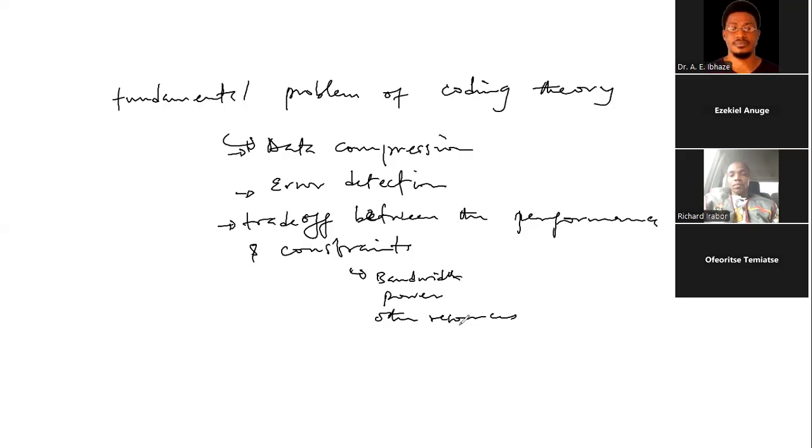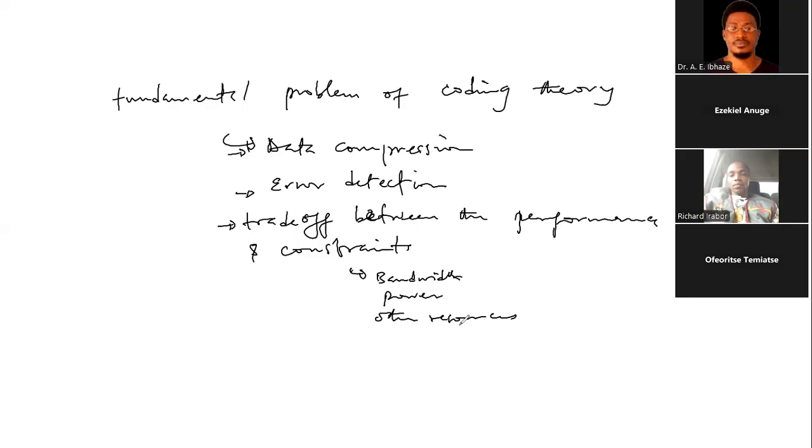Good. Now, these are problems in general that we have to deal with when we talk about coding theory. And what is the essence? What are we trying to arrive at? Why should we do compression? Why should we do detection?